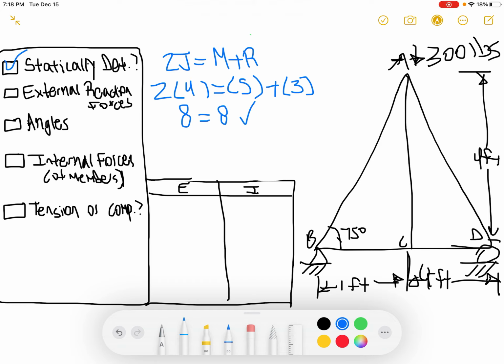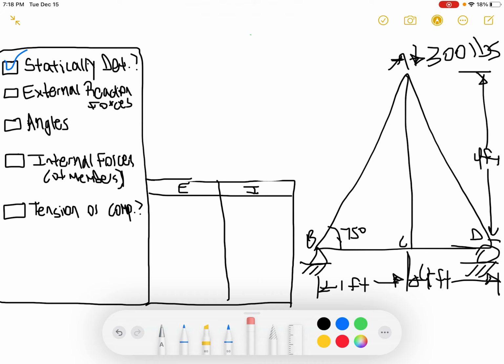If it wasn't, then you could not solve the problem anymore because that would make everything else false. That's probably what you want, I bet, because then you wouldn't have to do all this work that we're about to do. But now we need to find the external reaction forces.